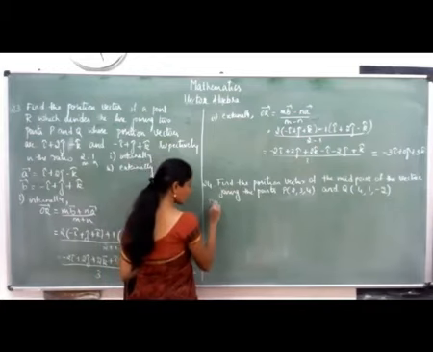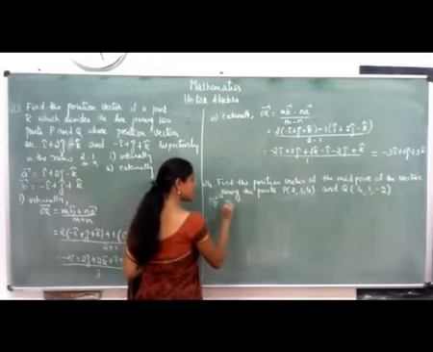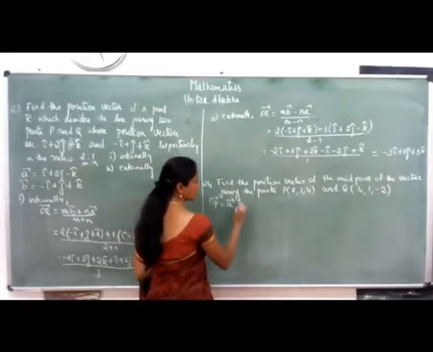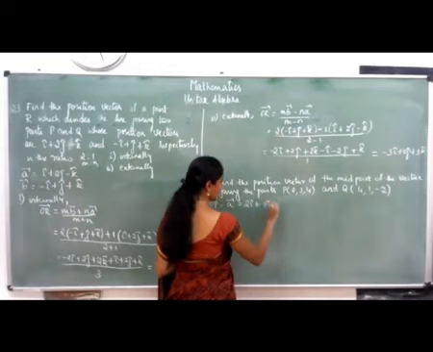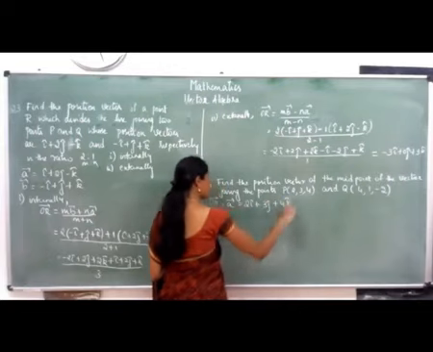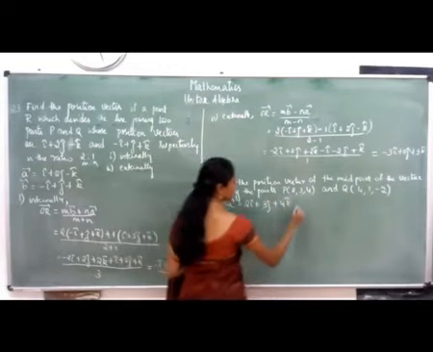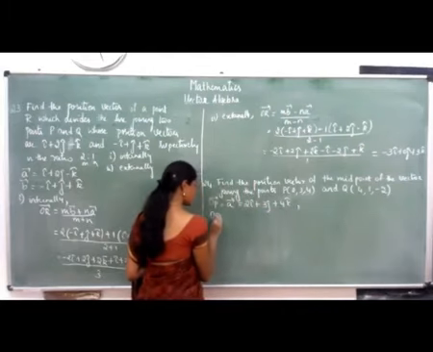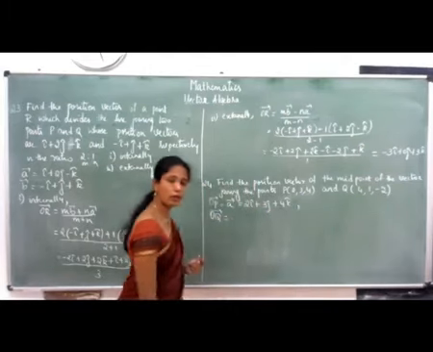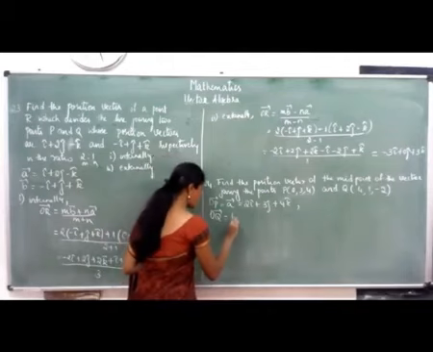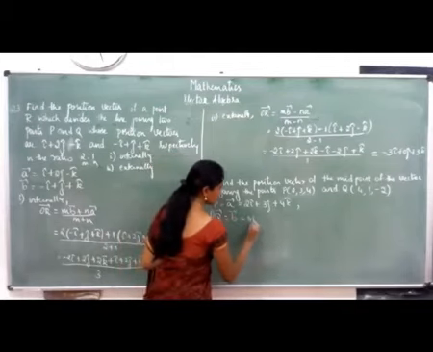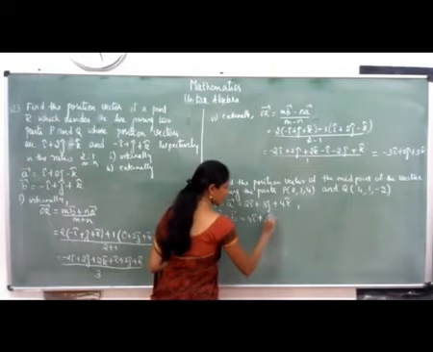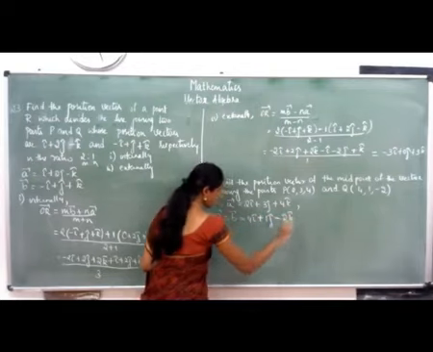So vector OP, which I call vector A, is equal to 2 times i cap plus 3 times j cap plus 4 k cap. Next, the second vector, vector OQ, for the point Q, I take it as vector B, which is equal to 4i cap plus 1j cap minus 2k cap.